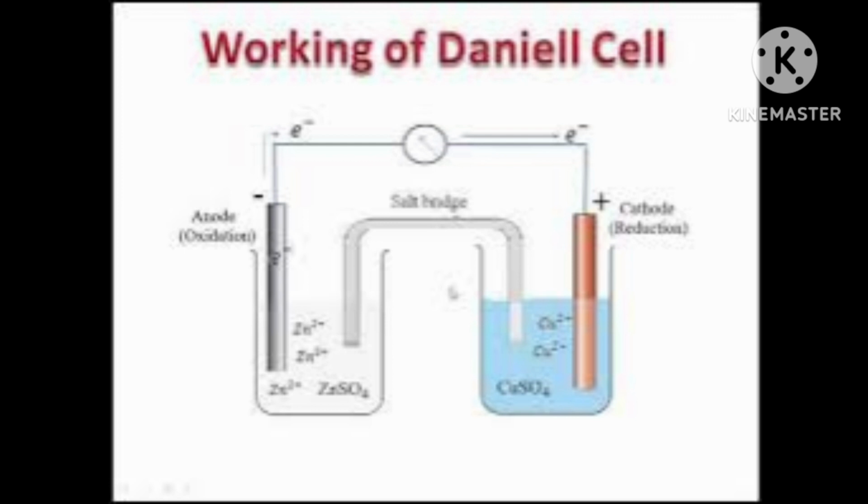Then what are their roles? These two types of cells are there. The first type is the voltaic or galvanic cell.